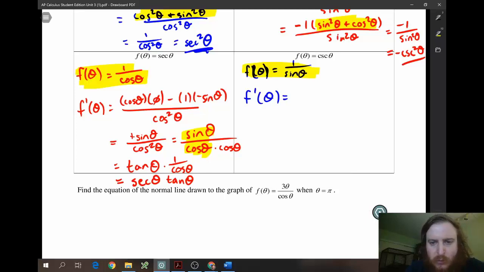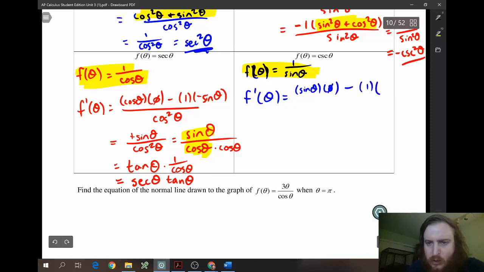So low would be sine of theta, d high, same thing as before, the derivative of 1 is 0, minus high, d low, the derivative of sine is cosine, all divided by sine of theta squared.